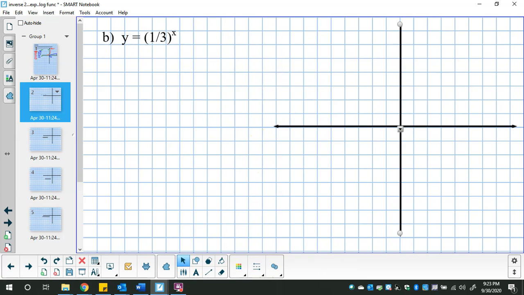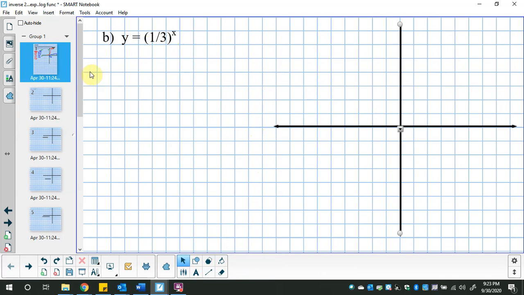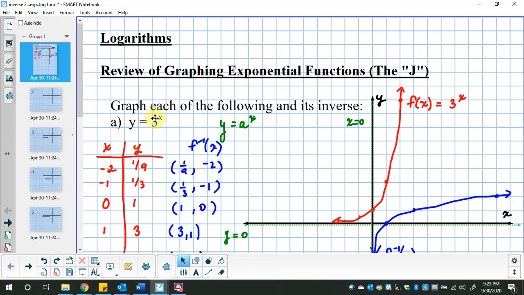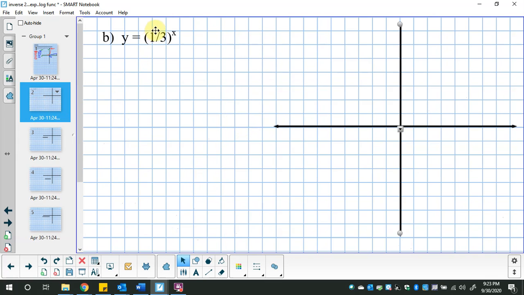So I'm going to take this here, and I do want you to know that there is an absolute relationship between question A and question B. Question A used 3 as the base, and question B uses 1/3 as the base.